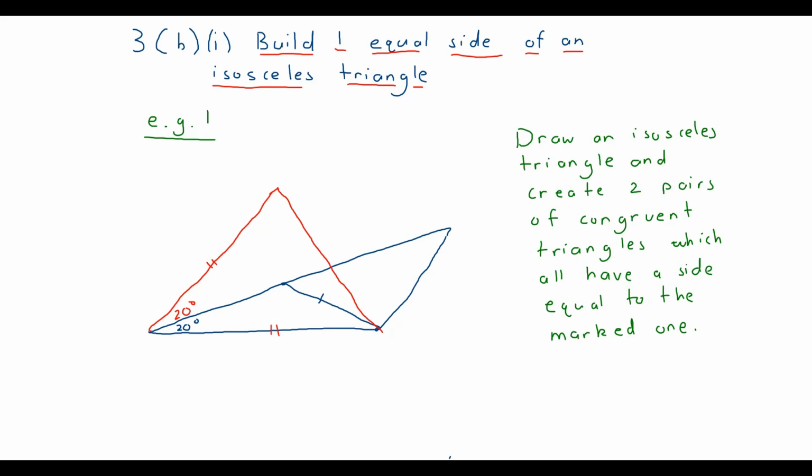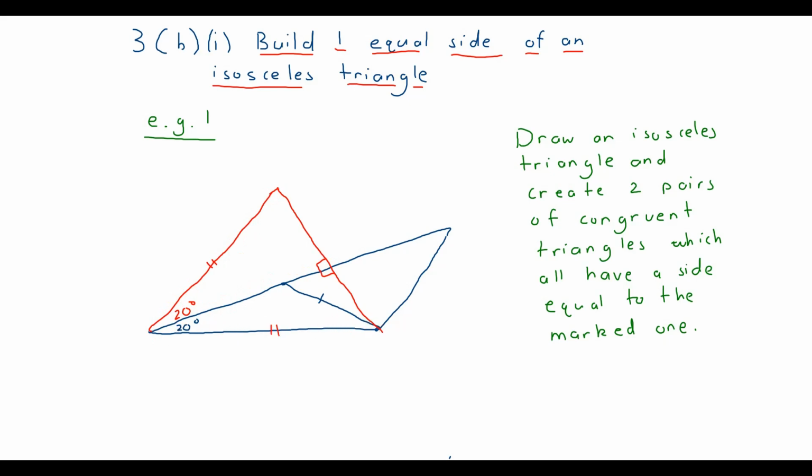Now the reason I've made this equal to 20 degrees is because this is an isosceles triangle. This bisects the angle at the top of the isosceles triangle, so we know that it's actually a perpendicular bisector, right? Because of course this triangle here and this triangle here are congruent, SAS.